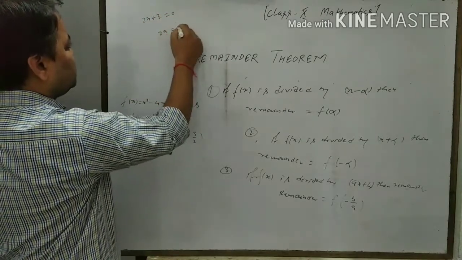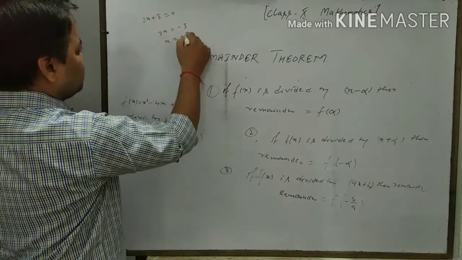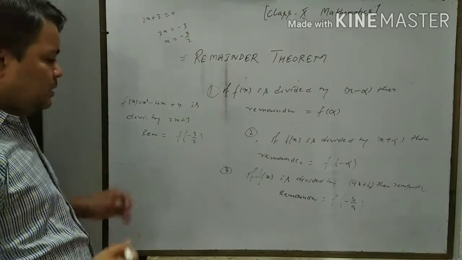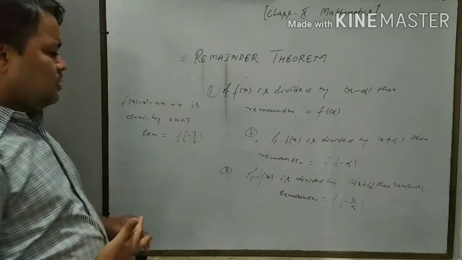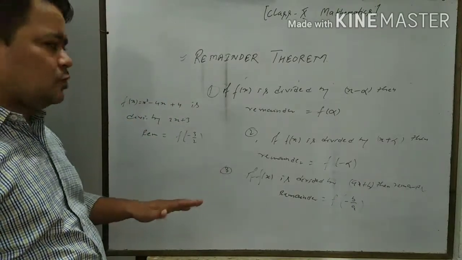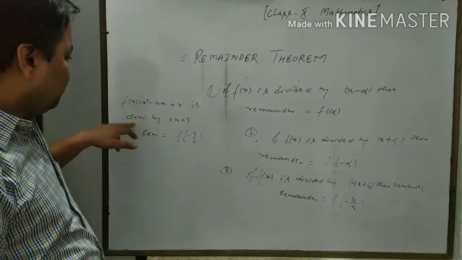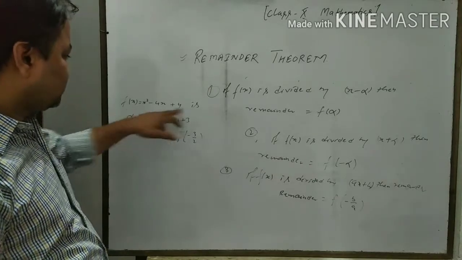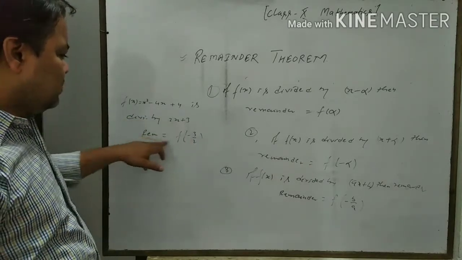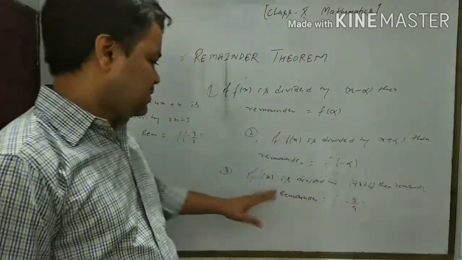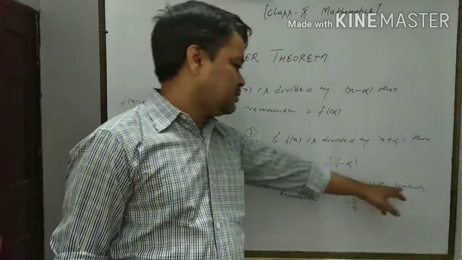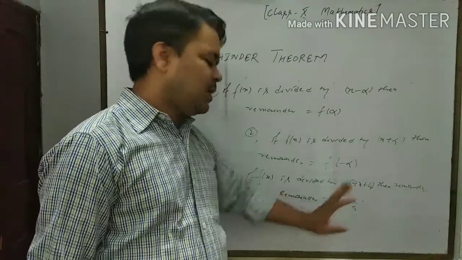Then 2x is equal to minus 3 and x is equal to minus 3 by 2. Very simple, but this is the rough work. You need to put it in your main solution. So if f(x) is divided by 2x plus 3, it will be minus 3 by 2. This is directly based on this concept: if f(x) is divided by ax plus b, then the remainder is equal to f of minus b by a.